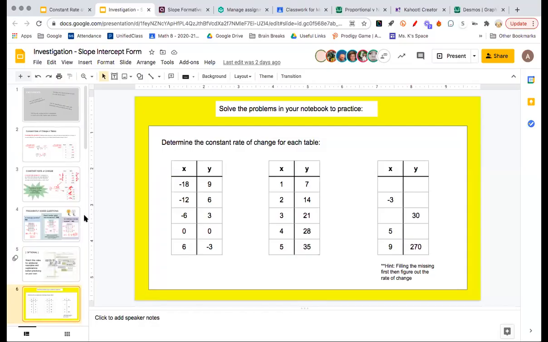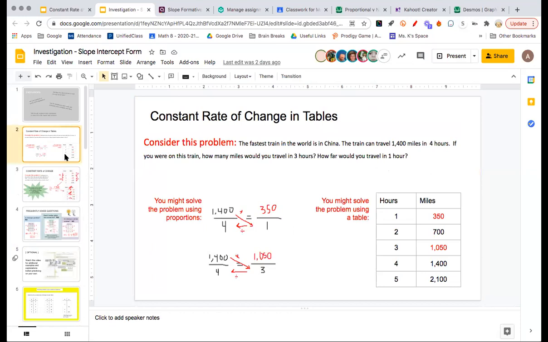Okay, let's just look at one other example. We don't need to write this down. We can just observe it. Rate of change also works with the problem we were seeing for graphing, right? We had the fastest train in the world. We graphed this problem last class, and then we looked at the rate of change from the graph. We might also solve this problem using a table.